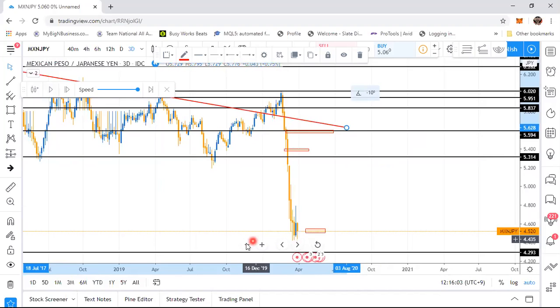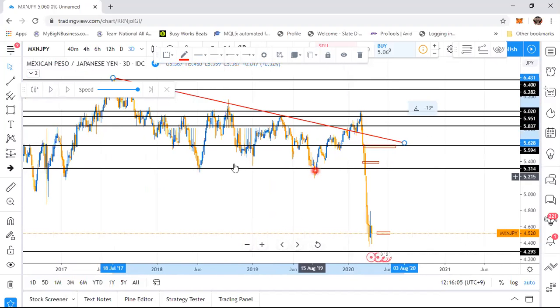All right, let me zoom out real quick. You see how price keeps reacting to this area? The peso yen keeps reacting to the 6.020 area a lot. That is a strong area of resistance, right?